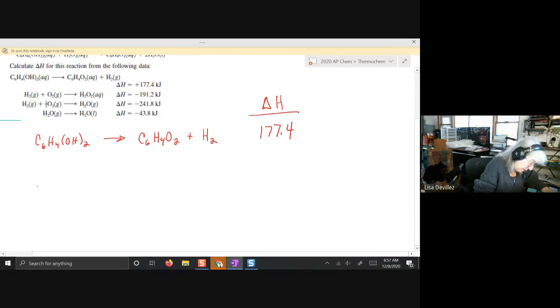Okay, H2 + O2 → H2O2, and I get a minus 131.2 delta H.